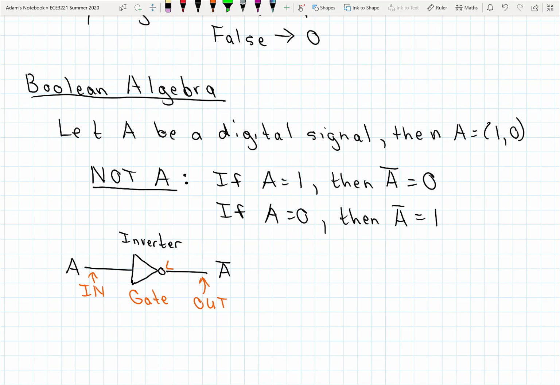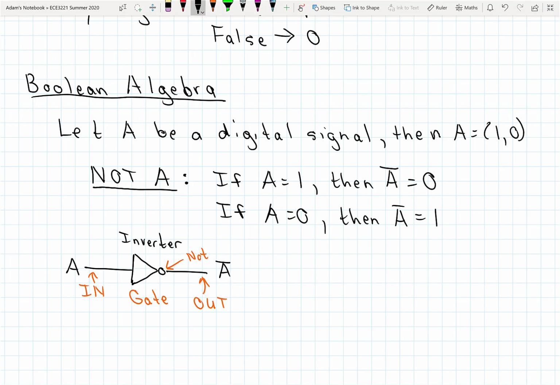Okay, so this bubble is indicative of a NOT, and we're going to see that the bubble can be used on the input, can be used on the output to show that the signal as it goes through that bubble gets inverted.